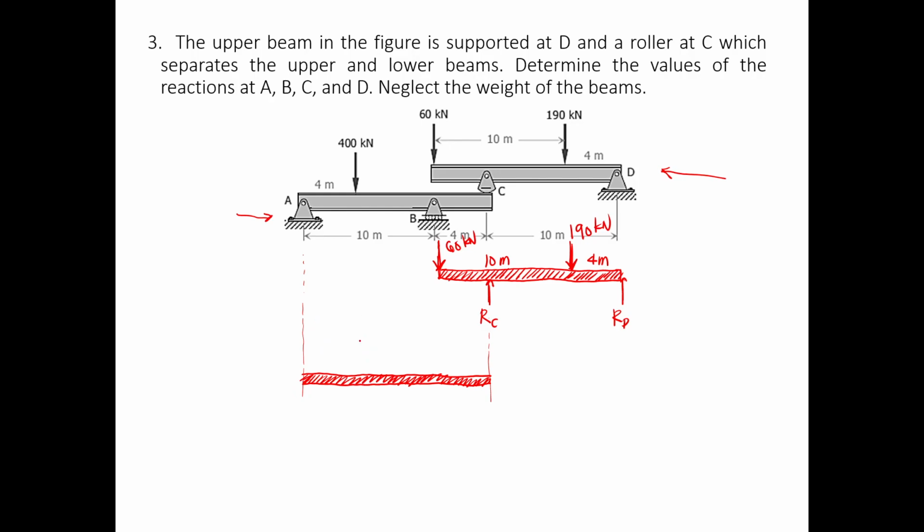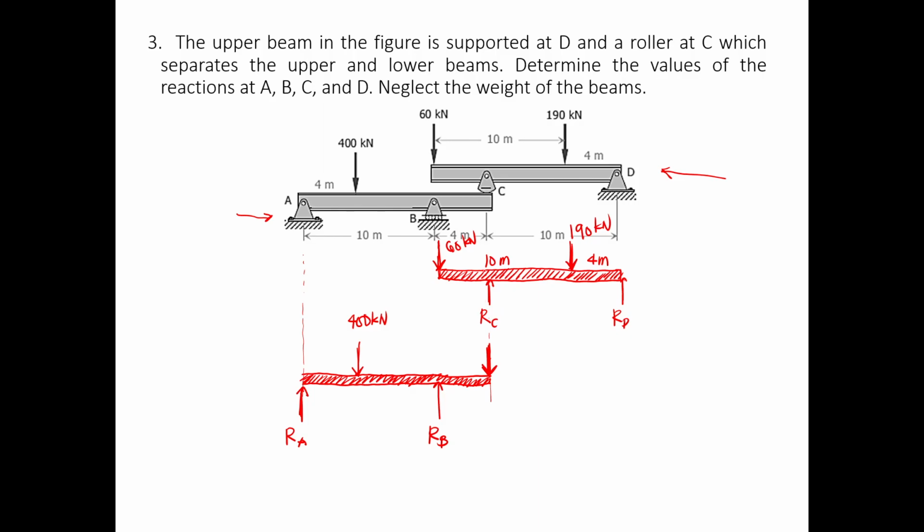Okay, so this is the 400 kilonewtons. This is the reaction coming from A. Then this is the reaction coming from B. And notice since the roller C is on top of beam AB, it will create another unknown force here, right?